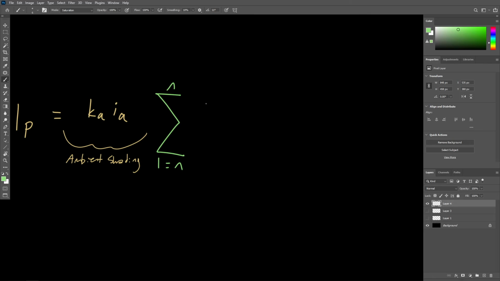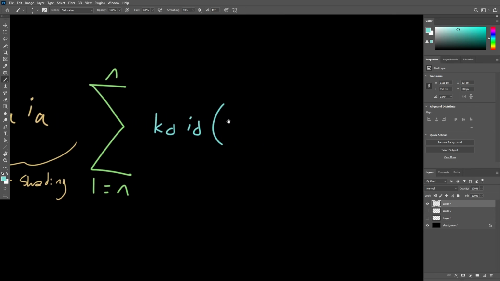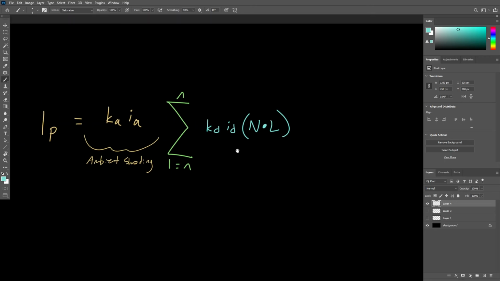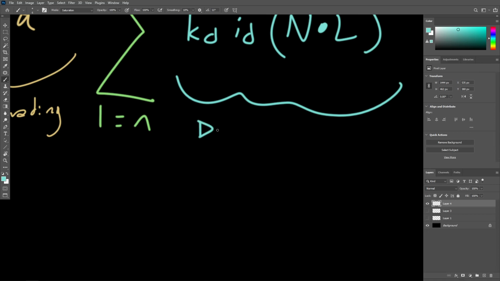All right, so let's start by bringing in the diffuse shading term here. That'll be our diffuse shading coefficient times our diffuse light intensity multiplied by the dot product of normal vector and the light vector. All right, so that substitutes in our diffuse shading term.